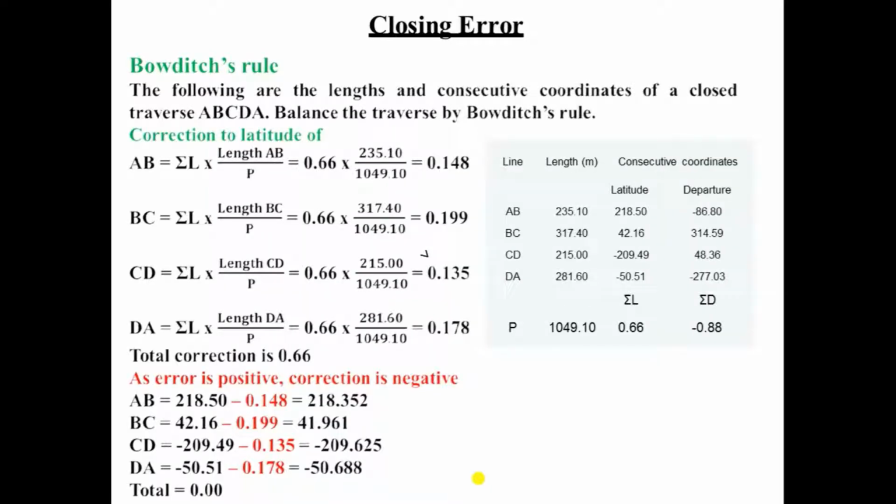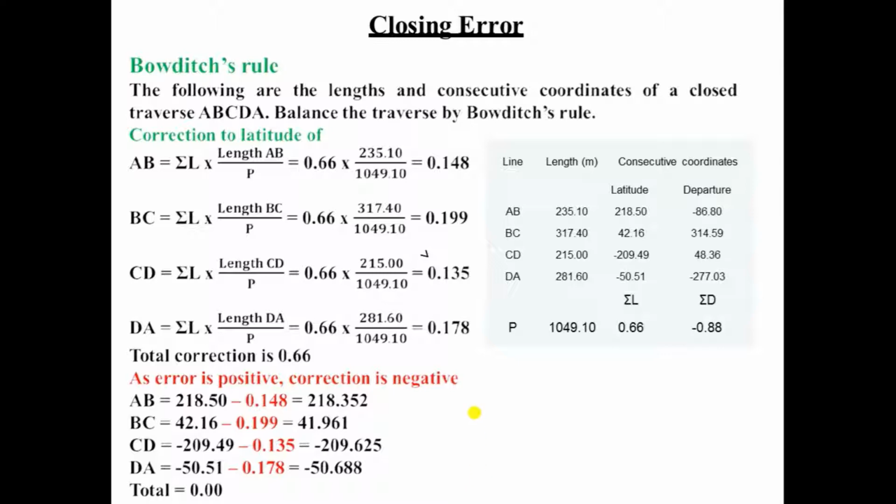Now we are moving to the application of correction. As per the formula of correction of Bowditch's rule, the correction of latitude for lines AB, BC, CD and DA respectively is equal to the total error in latitude multiplied by the length of that line upon the perimeter, that is 0.66 multiplied by the length of AB upon the perimeter of the traverse.